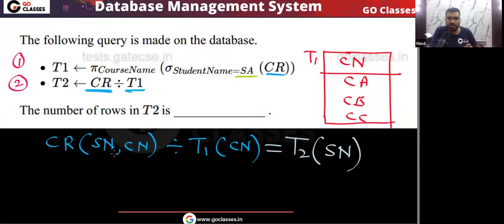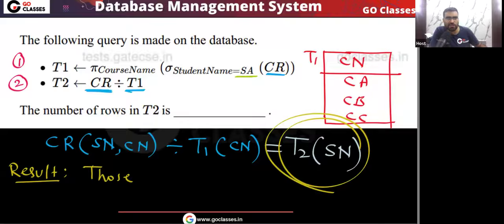Now what do we want? We want those student names which pair with every course taken by SA. So the result will be what? In the output we will have student name.